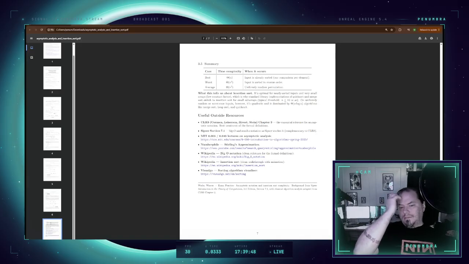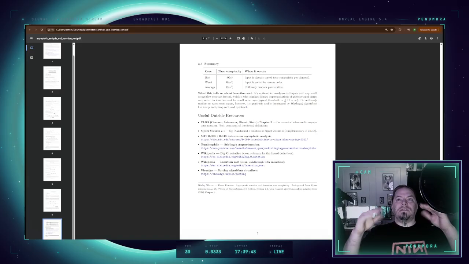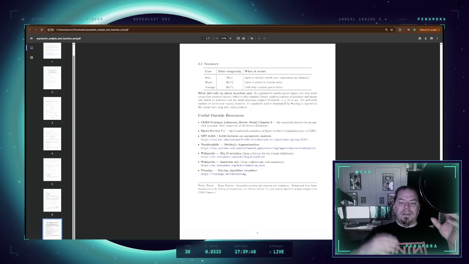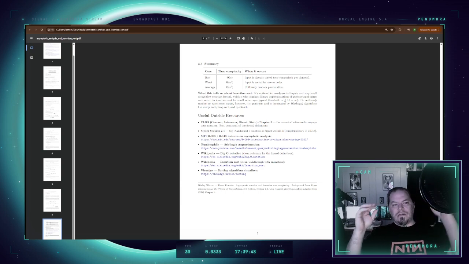So the discussion there is just how and when to decide that tipping point between using insertion sort, which can be faster than some of the n log n type sorts, and when to use just the n log n sorts or the combination thereof.